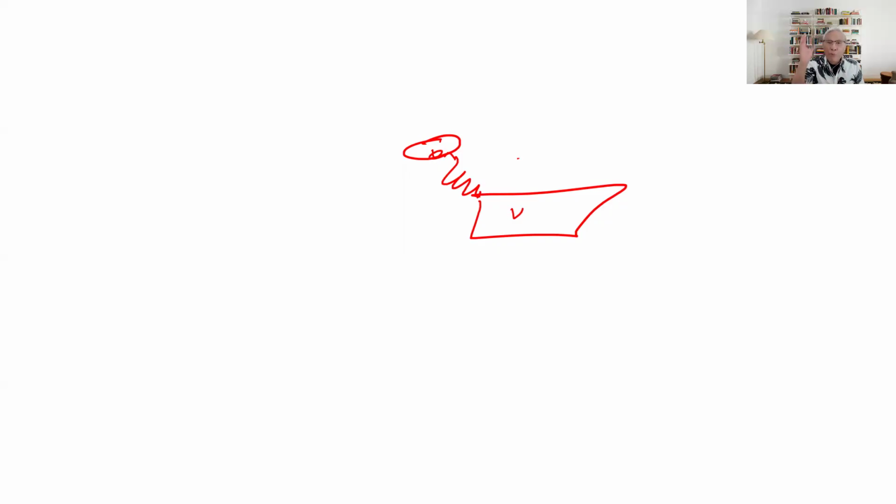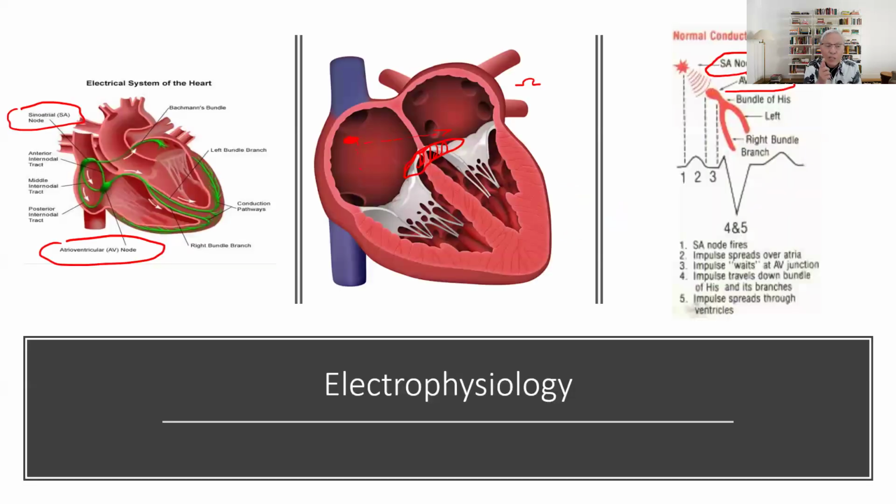So it's important that the atria has to finish contracting fully before the ventricles do, because otherwise the contents of the atria will not go into the ventricles. So this is a very important part of the cardiac conduction system, the AV node's function.